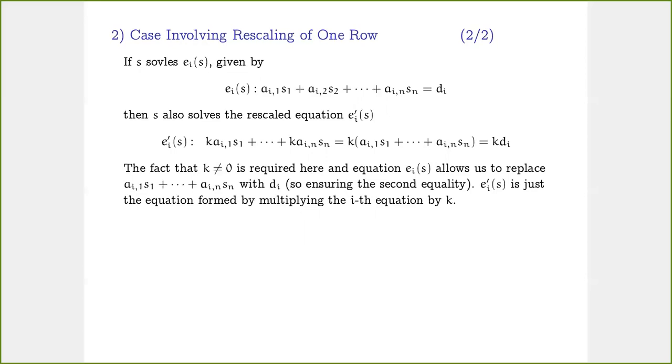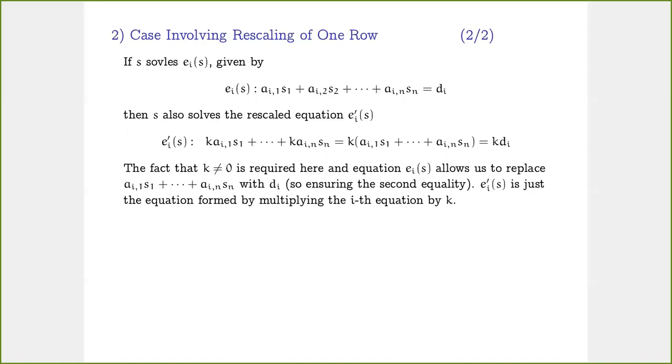And because that's just k times all the terms, I can factor out the k using the distributive property of numbers and get k times that linear combination shown, a1 times s1 plus a2 times s2 up to an times sn. Now, the previous equation shows that that linear combination has the same numerical value as d sub i.